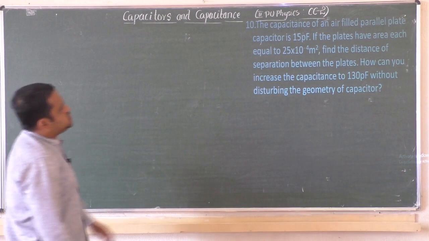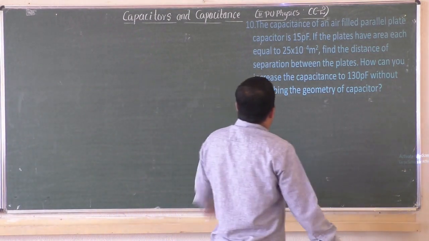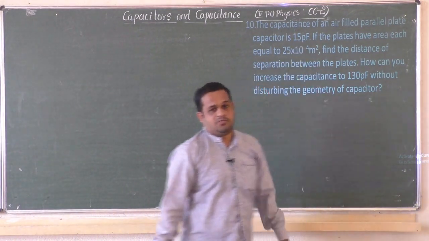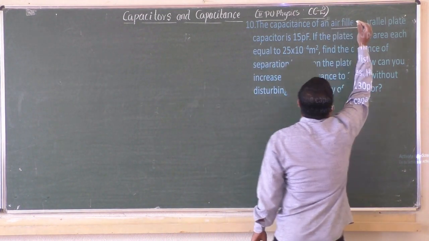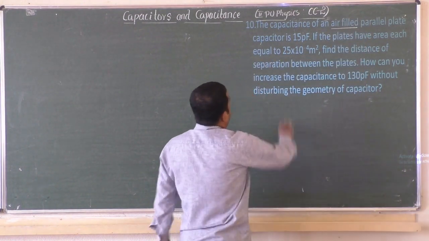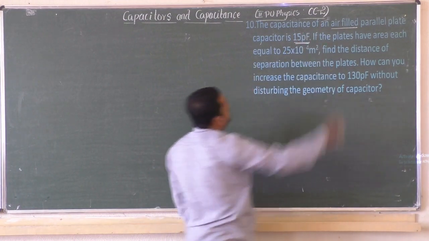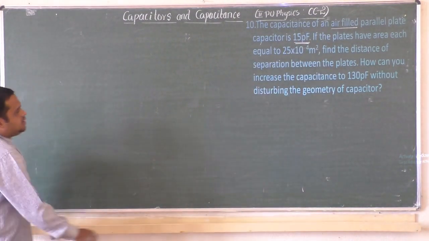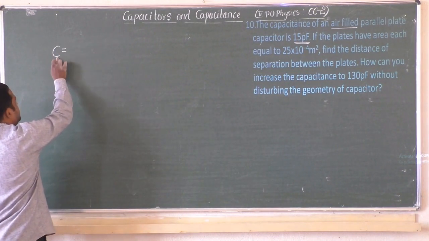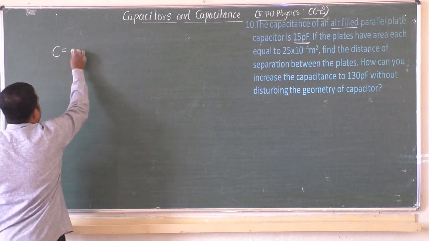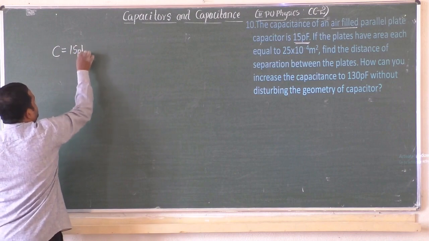The capacitance of an air-filled parallel plate capacitor is 15 picofarad. Okay, let us list the terms. Capacitance of an air-filled capacitor, therefore I will use the same notation, C is equal to 15 picofarad.